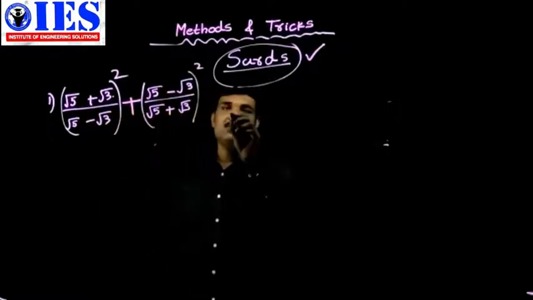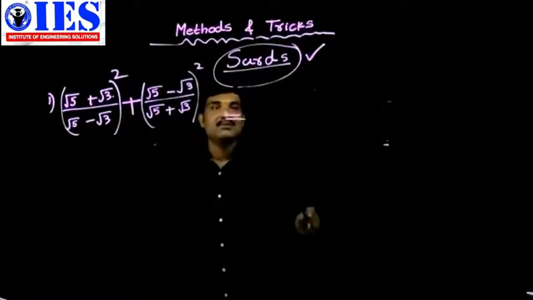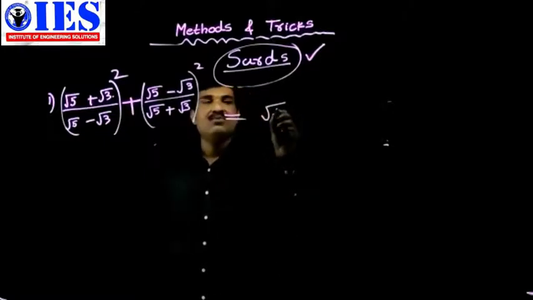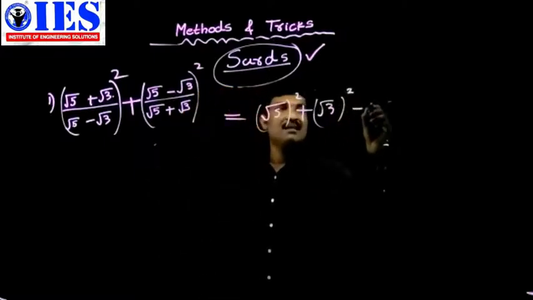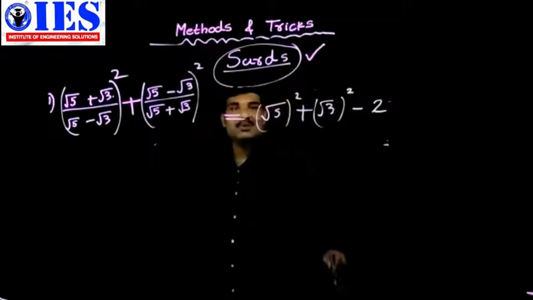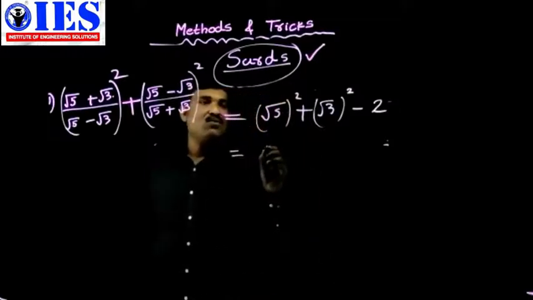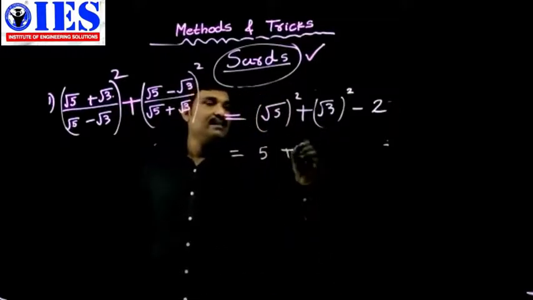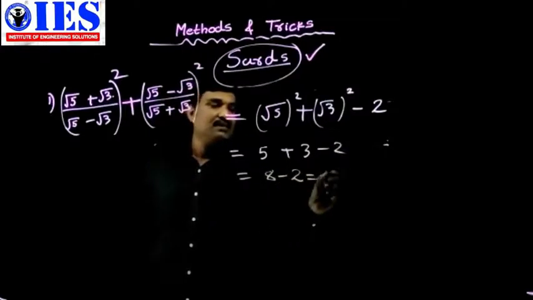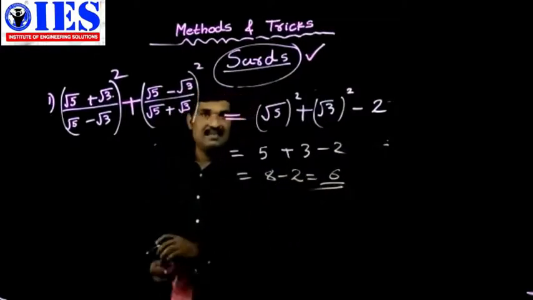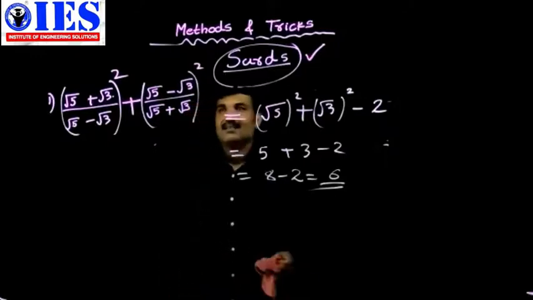So the solution to this problem is square root of 5 square plus square root of 3 square minus 2. Square root of 5 square is 5, plus 3, minus 2, that is 8 minus 2. This is equal to 6. That is the answer.